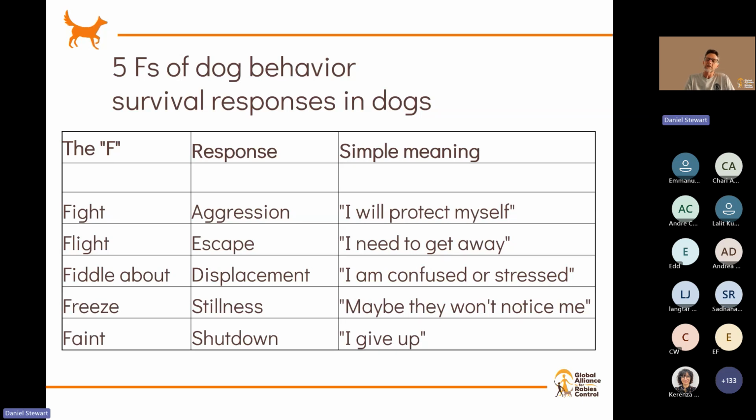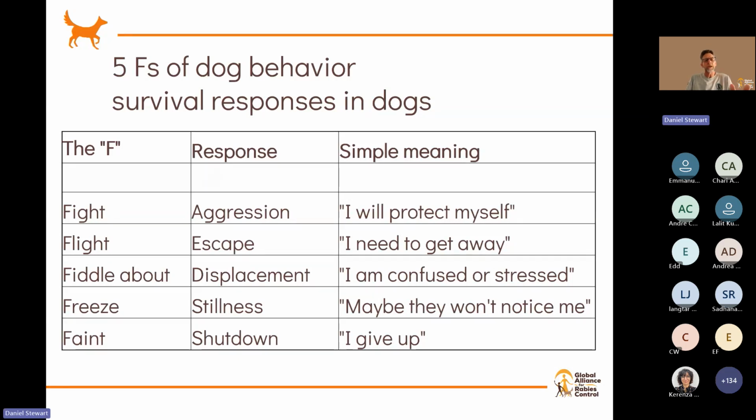The faint is severe, severe stress. The dog shuts down and literally falls over. I unfortunately have only seen it twice, but it has happened, and it is very, very stressful for the dog when it goes through these things.